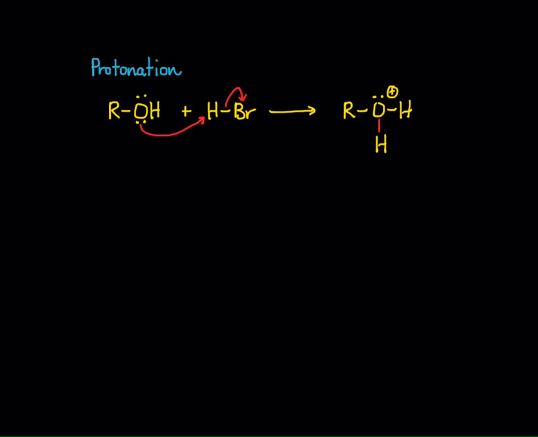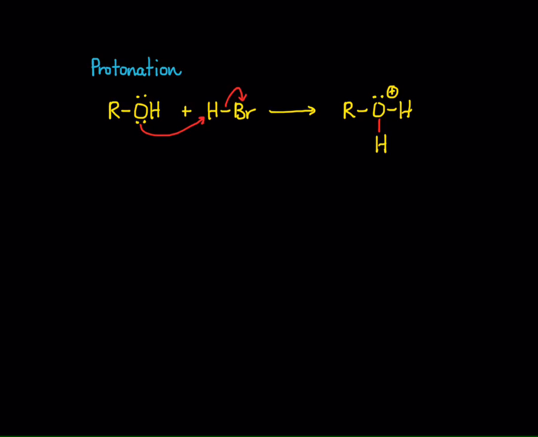One of the ways that we can make alcohols into a good leaving group is by reacting them with acids. So if I take an alcohol and react it with HBr, a strong acid, I know that a reaction is going to ensue in which I get a proton transfer. This is very similar to an alkene reacting with HBr.